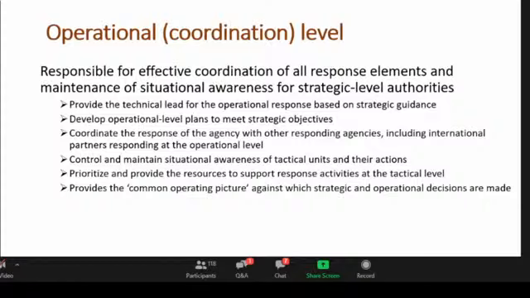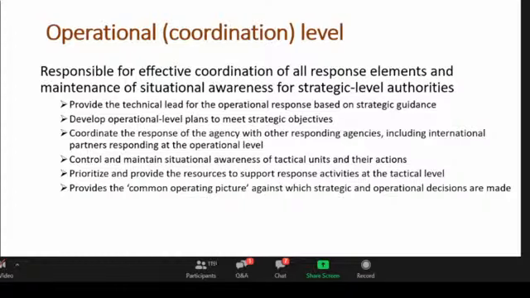Then at the operational level, which most of our PHEOC team is responsible for, there is effective coordination of response elements and maintenance of situational awareness for the strategic level authority and all the partners. And the Conops should also provide a brief description of the responsibilities of this level.